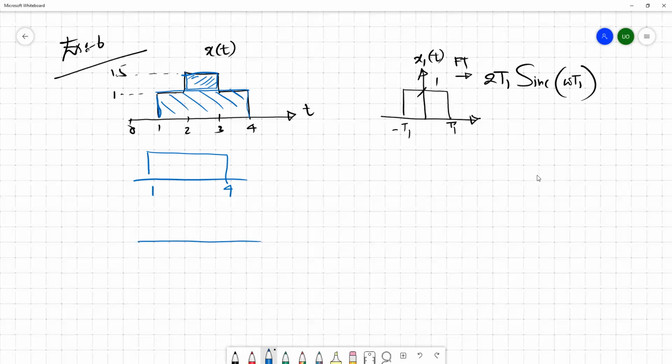The other one is something like this. Once we add these two together, we have the original function. So let's assume this is x1(t) and this is x2(t).